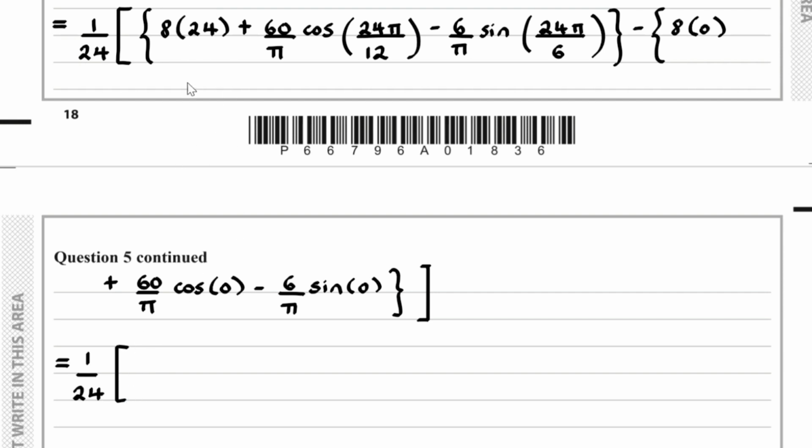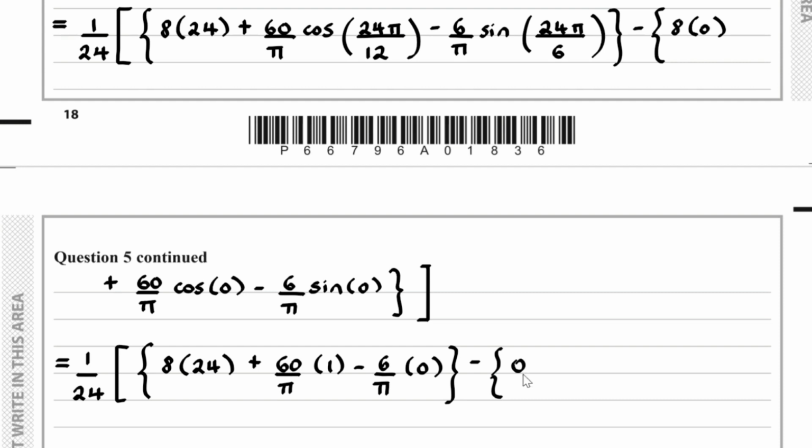For the upper limit, 8 lots of 24, and then we have 24 pi over 12, which is 2 pi, so cos of 2 pi is 1, so we add on 60 over pi, lots of 1, and then we subtract off 6 over pi, lots of sine of 0, which is 0.